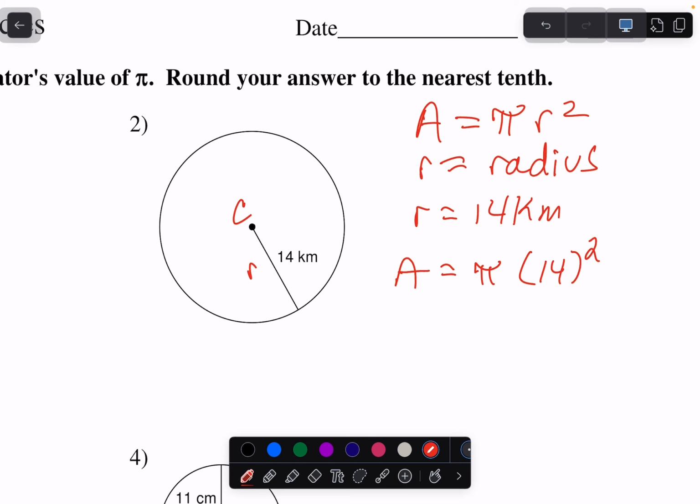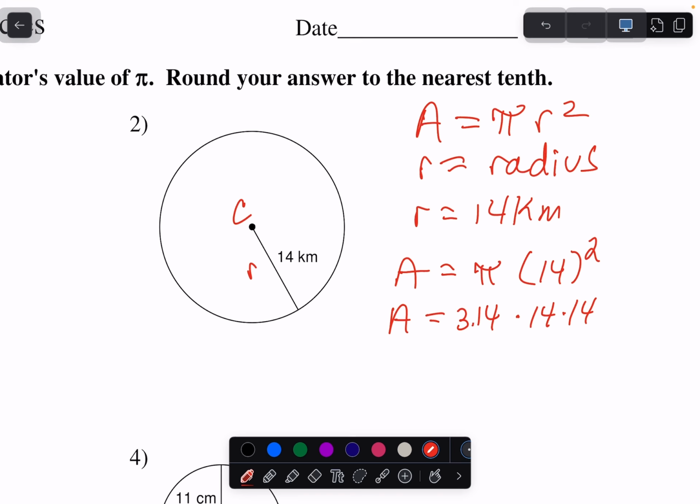Our red calculators have a square button. If you look two buttons underneath the pi, there is a little x squared button, okay? But technically, that is that 3.14 value times 14 times 14. So technically, you can enter that in a calculator at home on your phone.